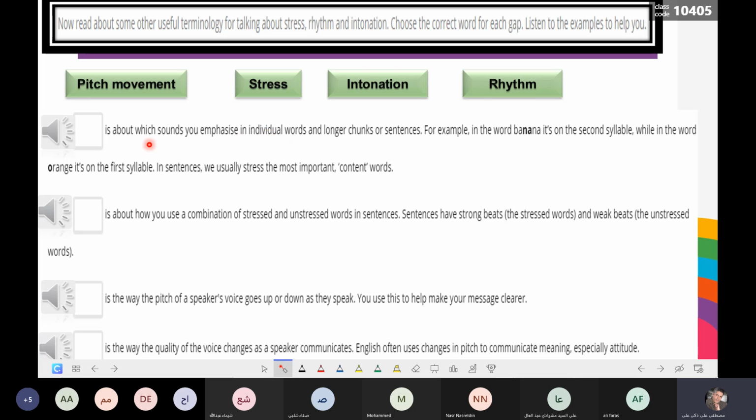For example, if we look at the word banana, the second syllable is the stressed one. We say ba-na, na, banana. And in the word orange, the first syllable is the stressed one.